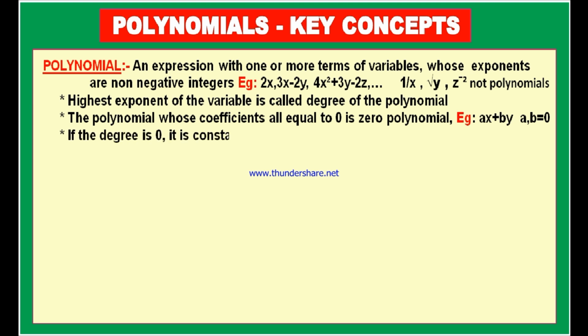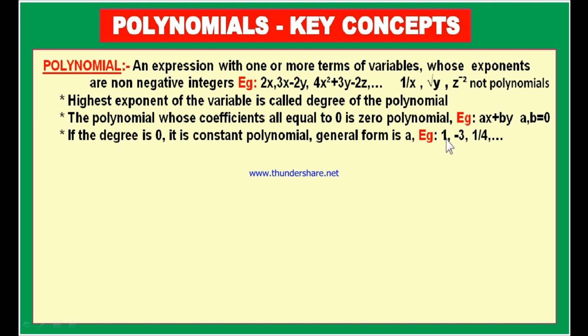Similarly, if the degree is 0, then it is called a constant polynomial. You see, for example, you take 1 or minus 3 or 1 by 4 and so on. Here in this polynomial, there is no variable. Only a constant number is there.